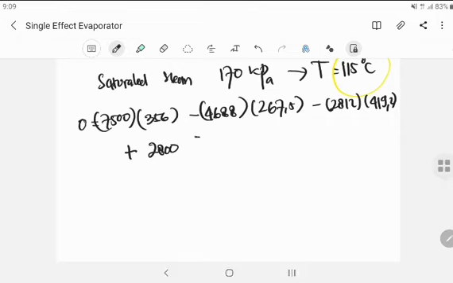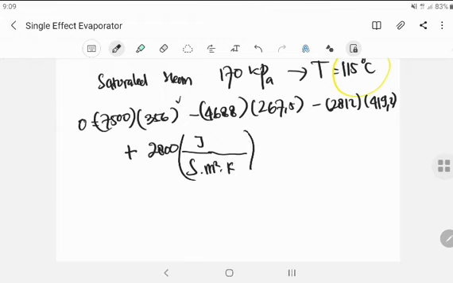We can convert it into joule per second. So we have to change it into kilojoule, so it will have the same unit as the previous calculation.